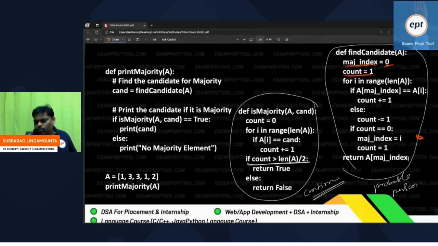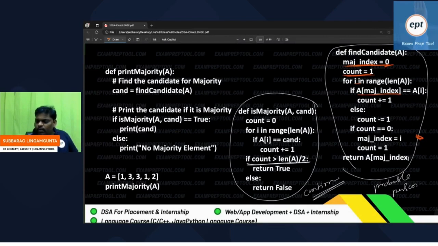Then start the for loop. You have to check this person with the next one. Who is the next one? A of majority element index is equal to A of I. You are taking one for loop with I running, so it keeps going.